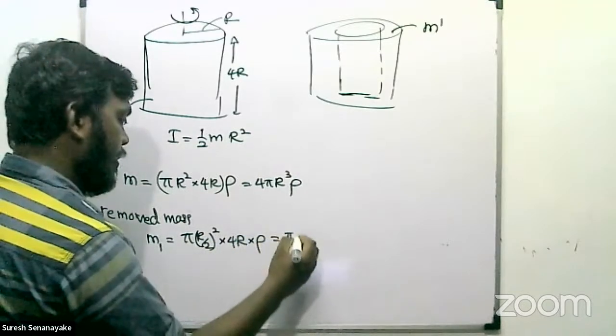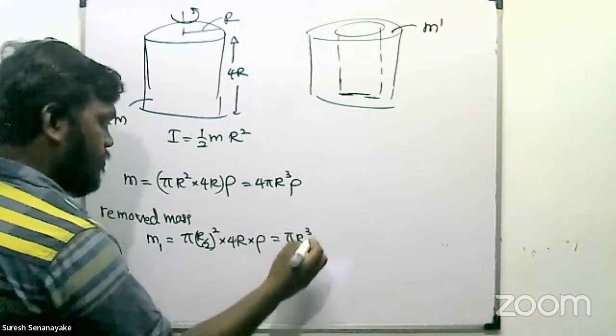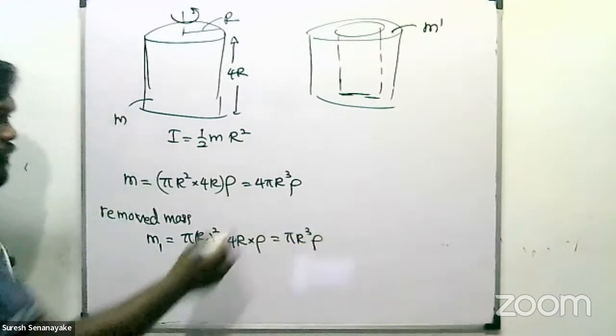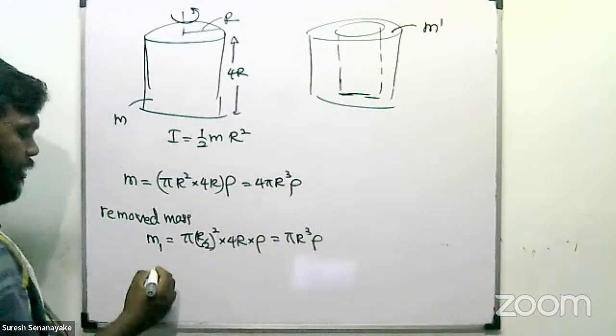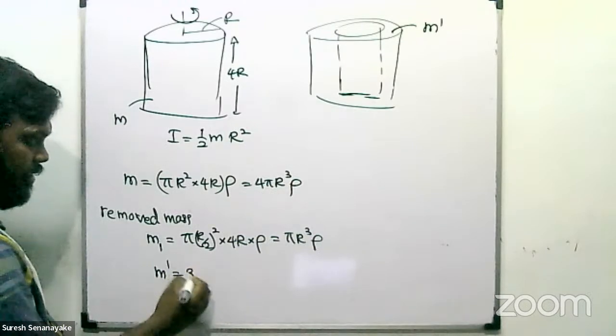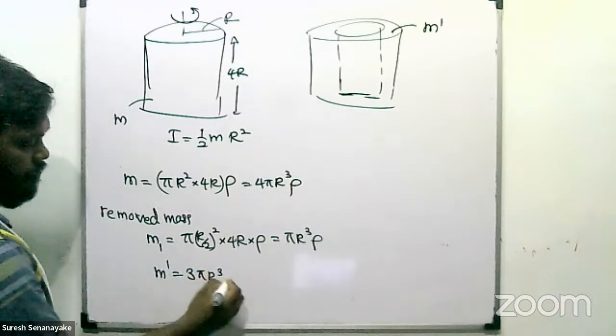Simplifying, this is pi r cube rho, while the full one is 4 pi r cube rho. So the remaining mass is easily 3 pi r cube rho, that is 3 over 4 of m.